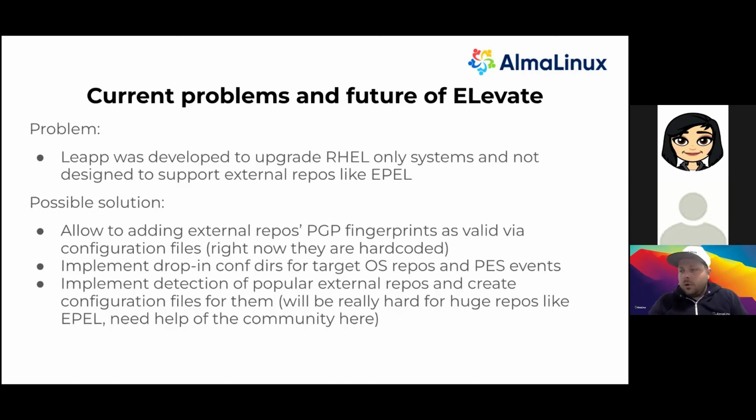So the only way to do that is splitting it up in a way where you can define the target OS in some configuration directory, a config file, and have something in there where you can put in something for repos as well. So it's not a fundamental re-architecture of how it works, but it's a pretty big redesign of how the base OS detection and repository detection works.